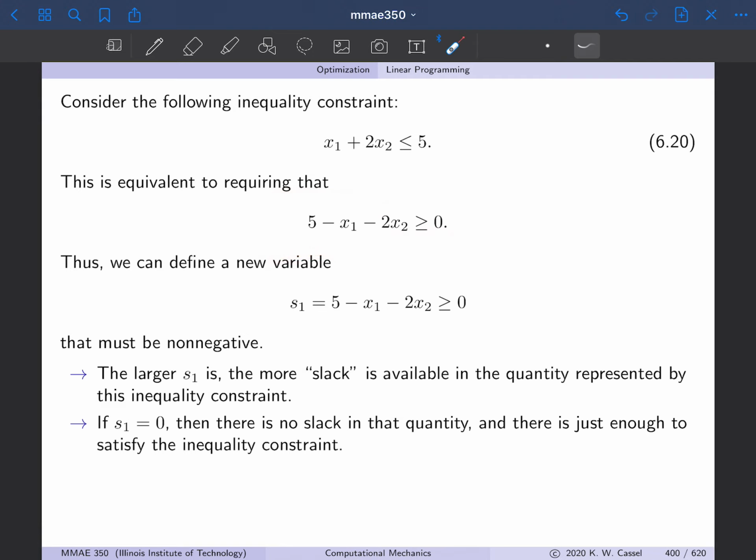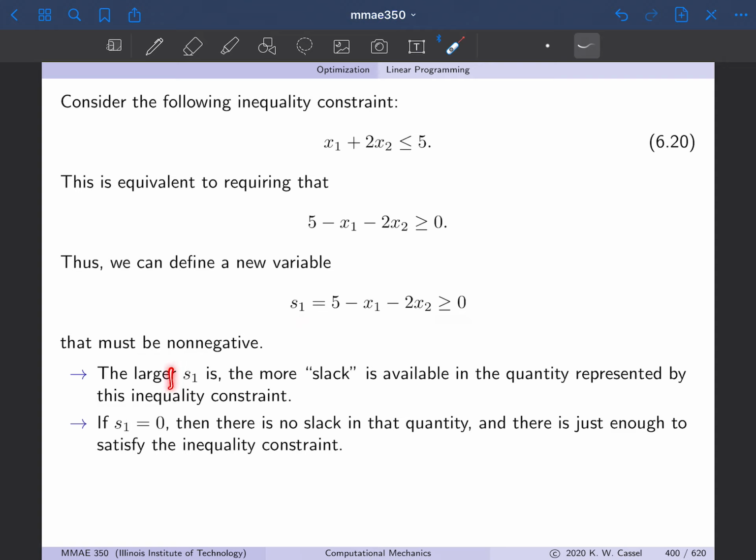Fine. So what we do is we define a new variable. We're going to call it S1. It's the slack variable that corresponds to this inequality constraint. And S1 is equal to 5 minus x1 minus 2x2. So rather than saying 5 minus x1 minus 2x2 has to be greater than or equal to 0, we can simply say that S1 is greater than or equal to 0. And you'll see why that is advantageous in a second.